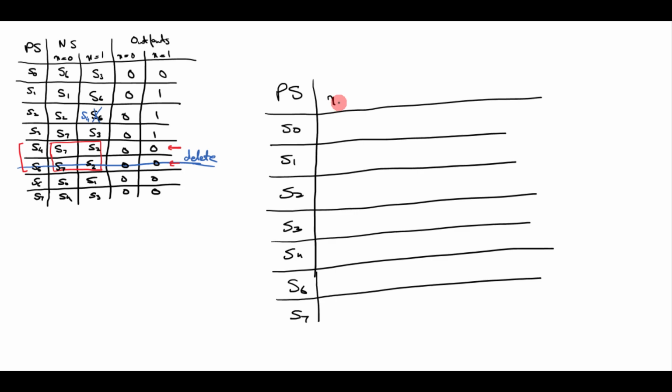Here you have next states when x is equal to 0 and x is equal to 1. These are your next states.